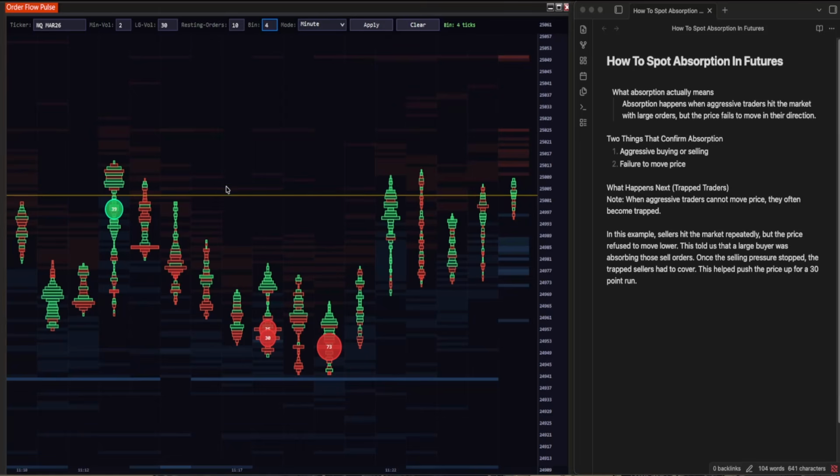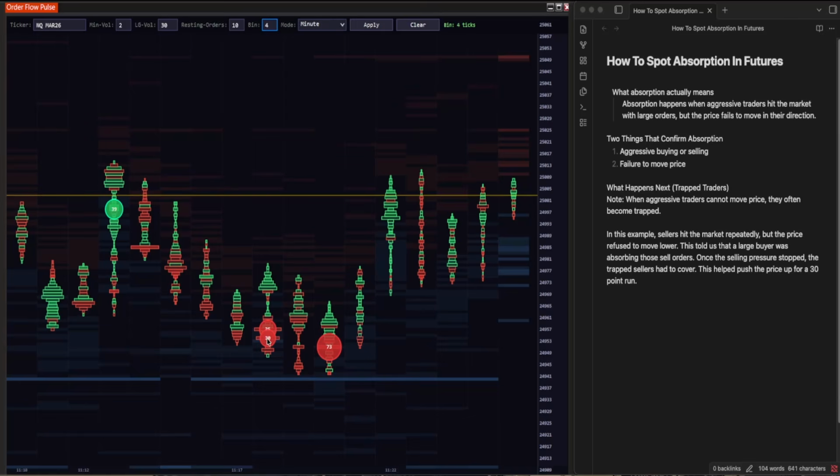I have it set to large volume of 30 or more for the Order Flow Pulse. So if one order gets executed with 30 or more contracts, it's going to show a bubble. Now, the bigger the bubble, the larger the contracts in that one order. This right here had 35 contracts, and this one had 30.